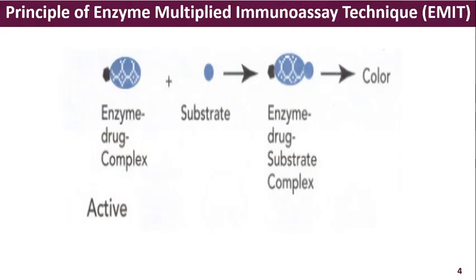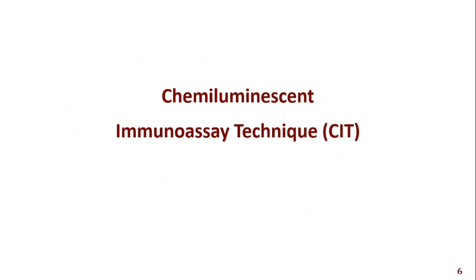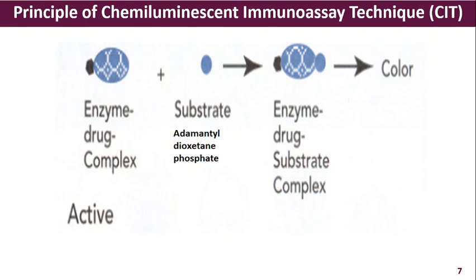We will now move on to the next immunoassay technique, that is chemiluminescent immunoassay technique. The name itself indicates that it is a chemical molecule which is luminescent in nature, and the chemical molecule which is luminescent in nature could emit light on its own, unlike in the previous case where the fluorescent molecule would require light to emit light at a different wavelength.